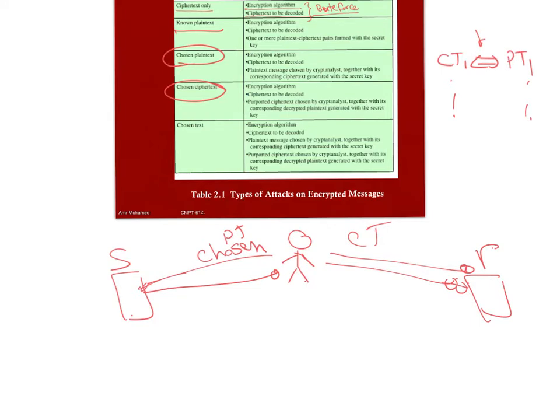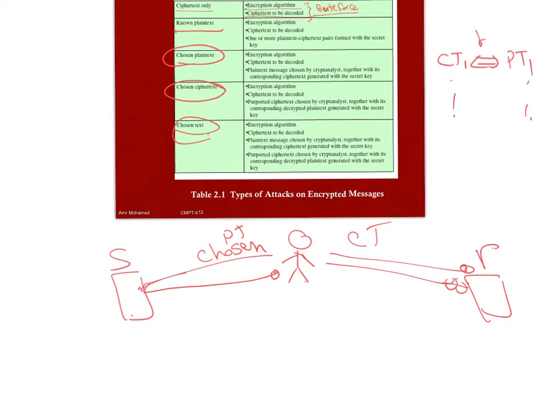Okay, so in that case, the attacker performs a man-in-the-middle attack that allows him to get access to the sender and access to the receiver. So in that case, you can easily get the key of any communication between the sender and the receiver by using the chosen plain text attack or chosen ciphertext attack.